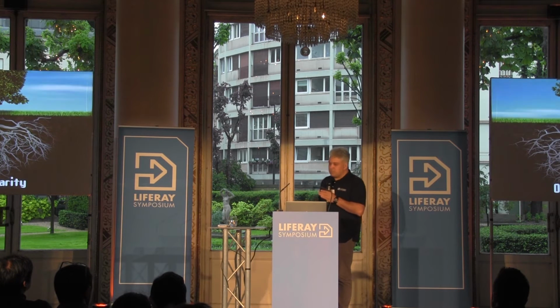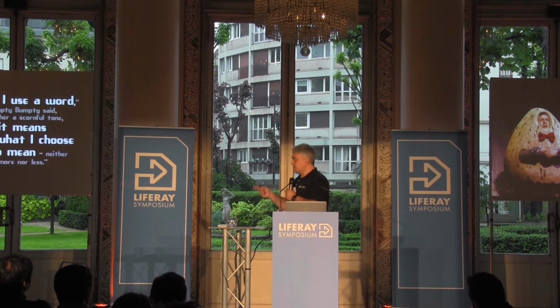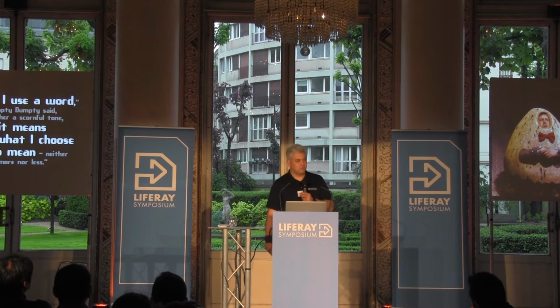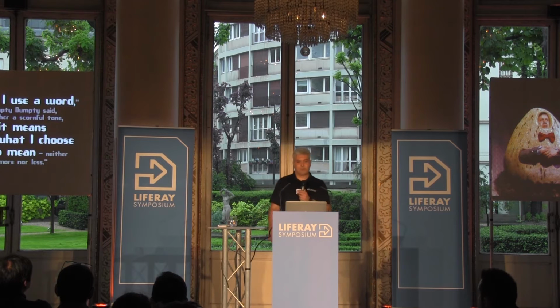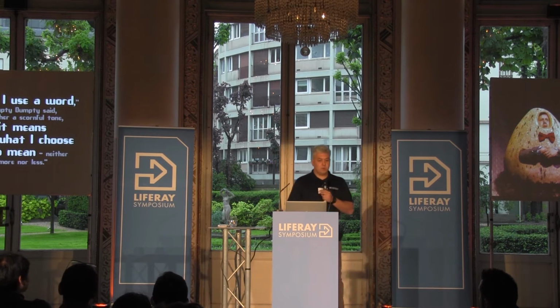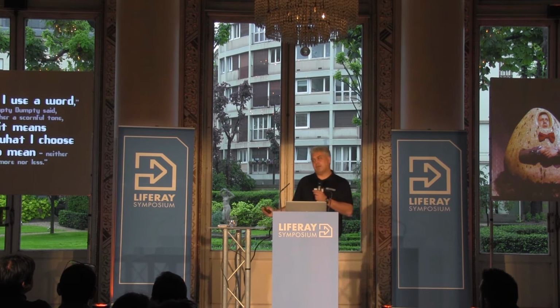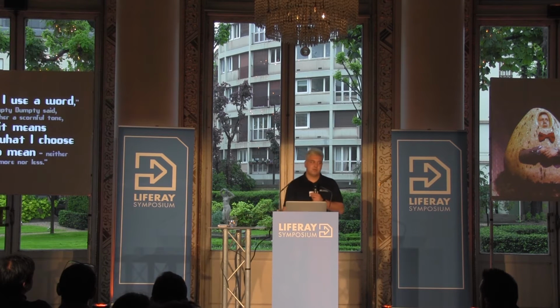Now, the question is, what is modularity? There was a famous saying, and those of you who are familiar with Alice in Wonderland will probably recognize this: when I use a word, it means just what I choose it to mean. And this is basically how the word modularity has been used over the years.